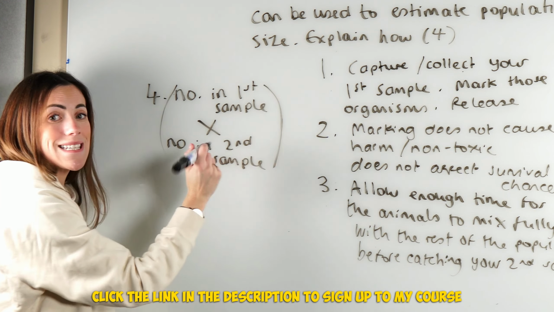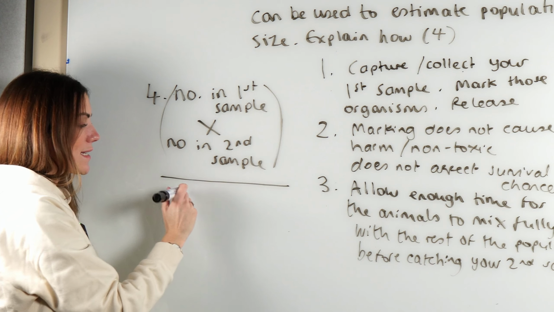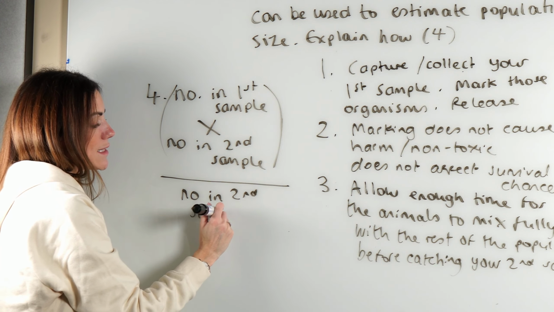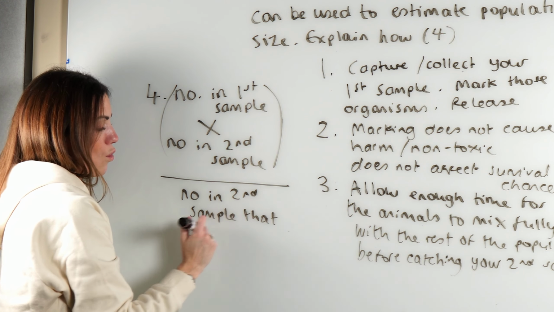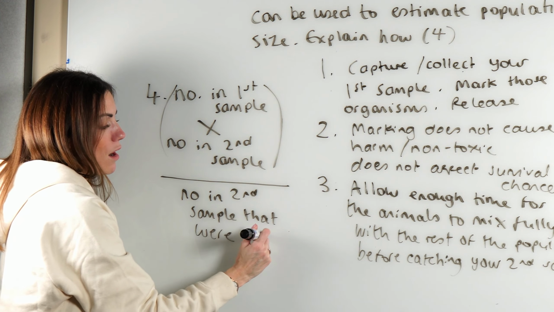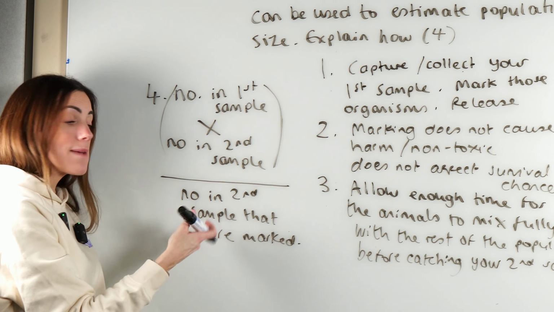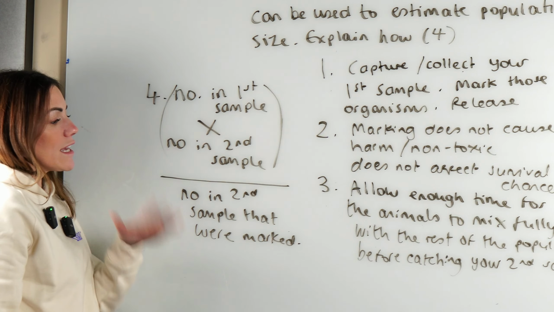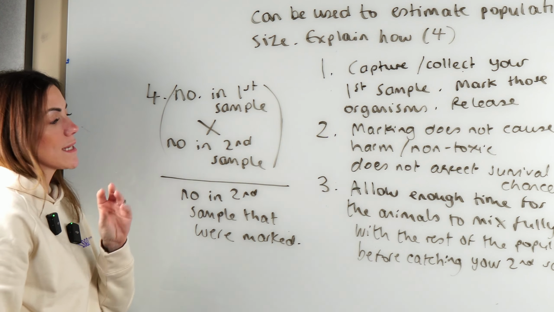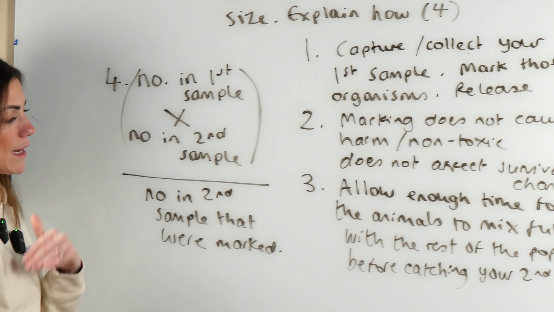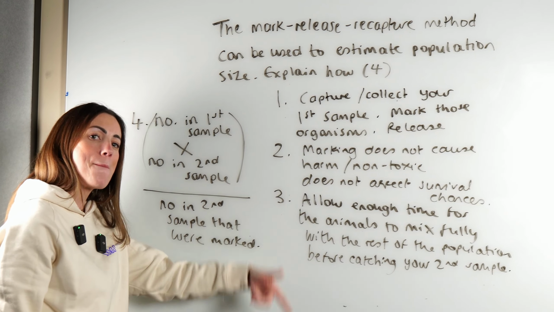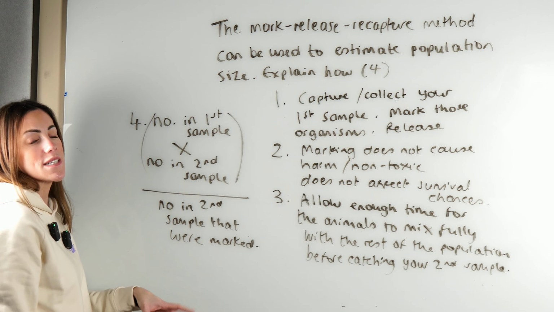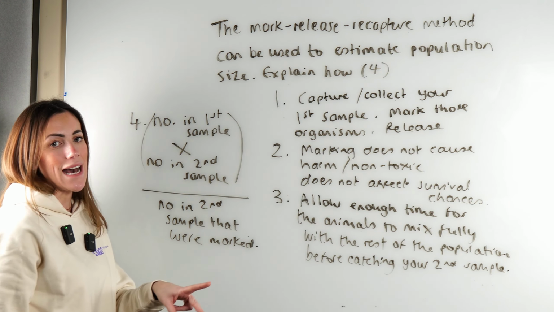You multiply those together and then you divide by the number in the second sample that were marked, which basically represent the individuals that you caught the first time and you caught the second time. If you do that equation, so number in first sample times number in second sample divided by the number in the second sample that were marked or have been recaught, that's how you get your estimate for the population size of that animal in that habitat.